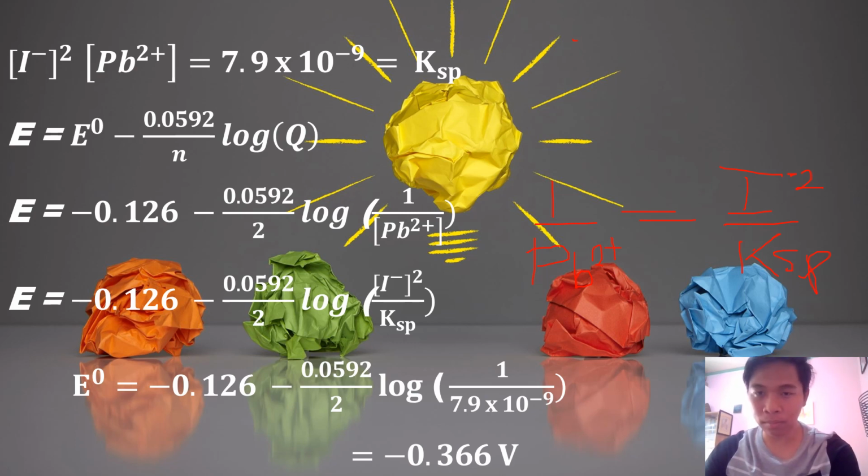It is from Pb2 plus equals Ksp over I2, and just inverting this expression to have the 1 over Pb2 plus, then we have the expression in the equation, just right here. It will result to right here.